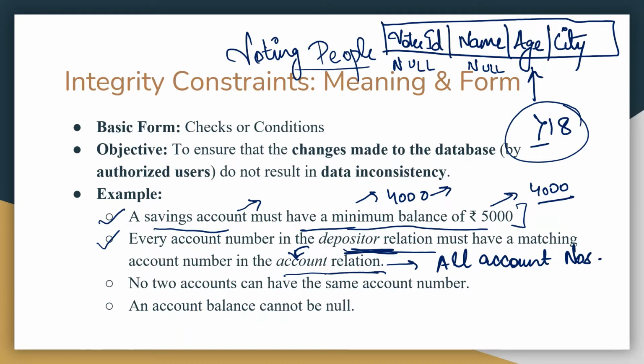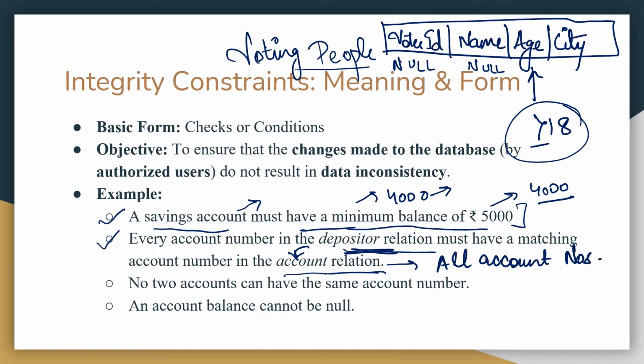Now, this is also an example of something very similar to the foreign key integrity constraint, which we are going to see. It is also known as the referential integrity constraint or the subset condition, which we will see in detail towards the end of this session.